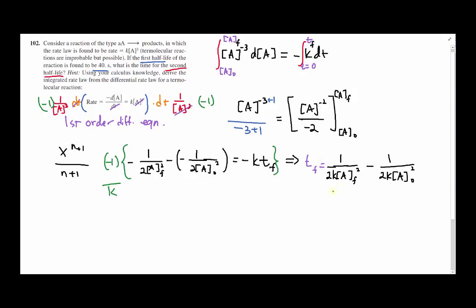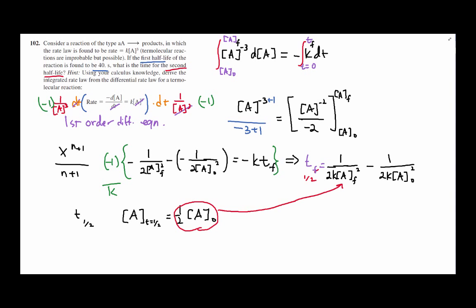But since our problem involves half-life, you have to remember that at half-life the concentration is half of the original. What that means is I can simply substitute this in our final, and instead of writing t final, I can make it t 1/2 to indicate that this is the formula for the half-life.